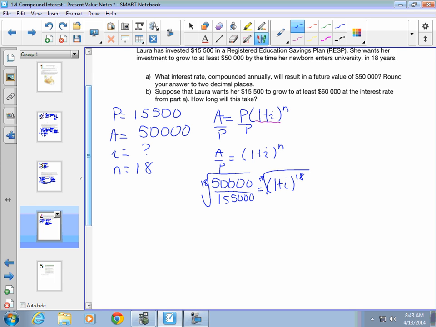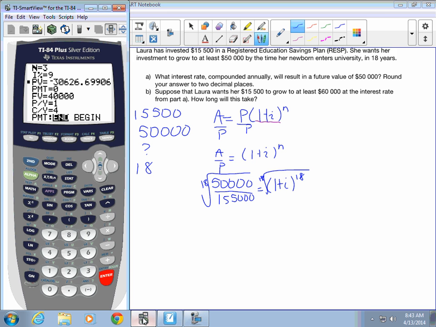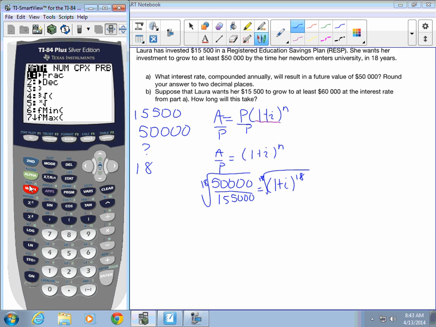Where's the X to Y button? You have to go into the math. Here, I'll do it on here for you. So if you go into math, I want number 5.